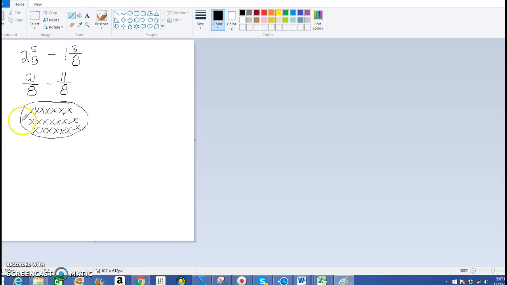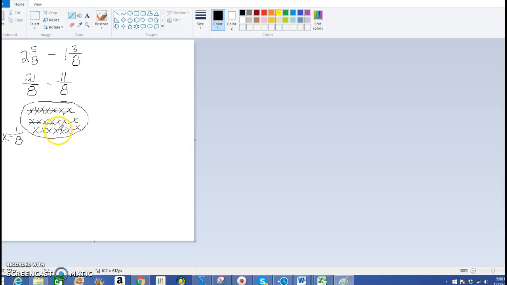And I remember my x's is because I'm lazy and trying to prove a point. Each one of my x's stands for an 8th. So now I am going to remove 11 of those. All right, so there's 7 gone. 11. All right, and then I count to see how many I have left.